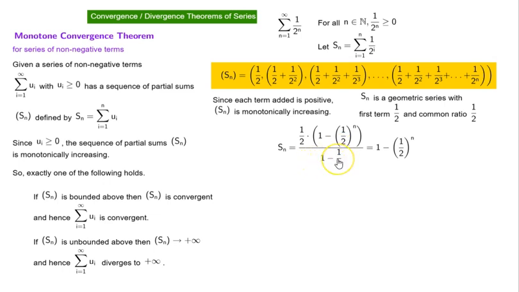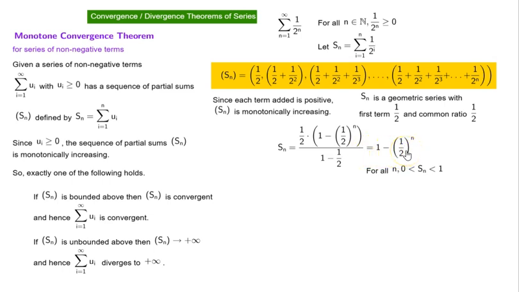Now 1 minus 1 by 2 is 1 by 2, so the 1 by 2 cancels out, and we are left with 1 minus 1 by 2 to the power of n. Here, 1 by 2 to the power of n: when n is 1, it is 1 by 2, then 1 by 4, then 1 by 8, and so on. So that means it is a number which is less than 1.